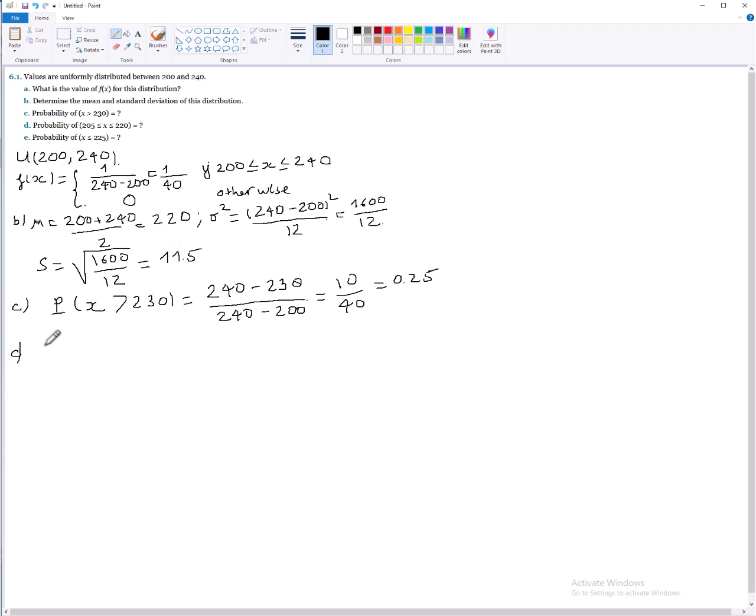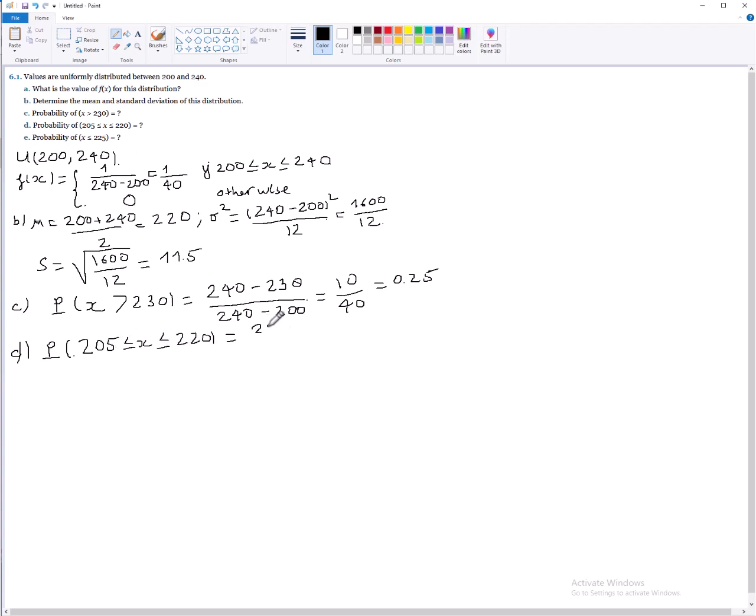And for part D, you want to find the probability that 205 is less than or equal to x, less than or equal to 220. Right? So instead of one end, you have two ends here, 205 and 220. And this formula is given by, you take the difference between the two limits, right?